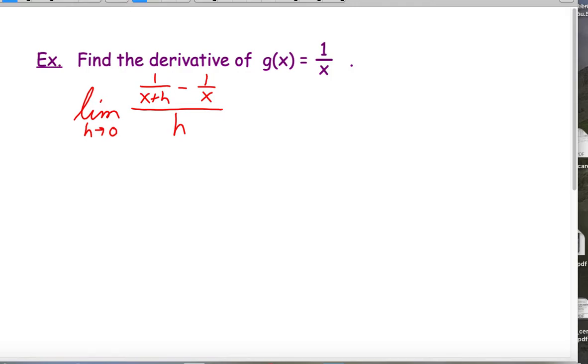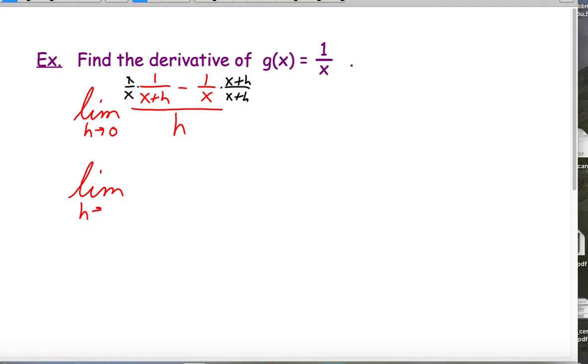So now in order to simplify this, I'm going to multiply the first fraction by x over x, and the second fraction by x plus h over x plus h. That'll give me a common denominator, and then I can combine those two fractions.